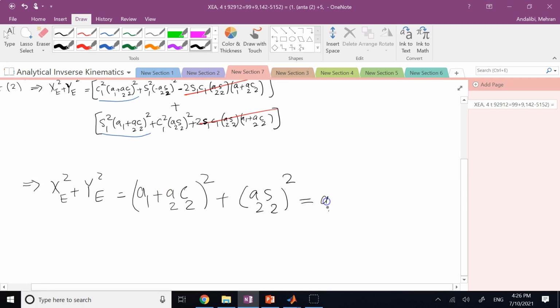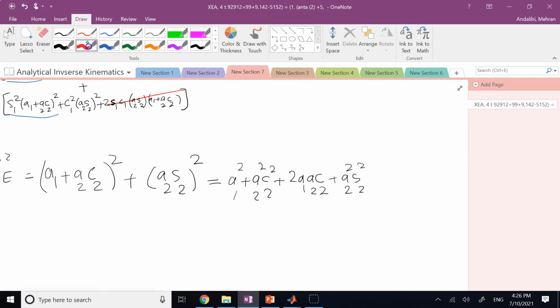This is going to be a1 squared plus a2 squared cosine squared plus 2 a1 a2 cosine 2, and then plus (a2 sine 2) squared. And again here you can combine these two terms into simply a2 squared if you factor out a2.